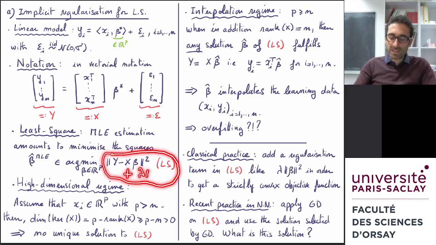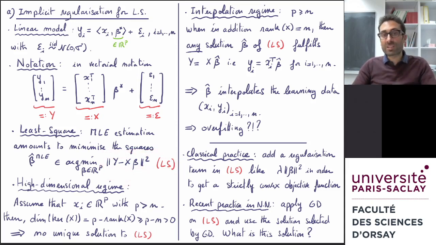For example, you may add the ridge penalty, where you simply add lambda times the squared norm of beta, with some lambda which is strictly positive. When you do this, you end up with an objective function which is strictly convex. So first of all, you have a unique solution. And because of this penalty, the solution will have a norm which is not too large, so this will avoid very bad behavior by fighting against too large an overfit.